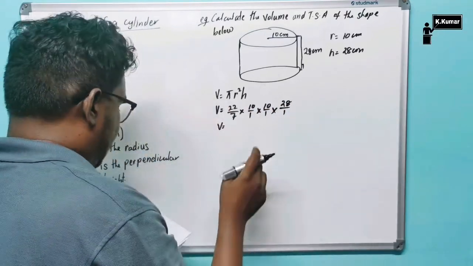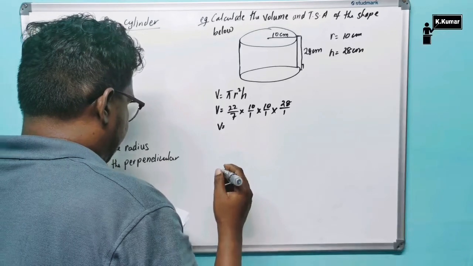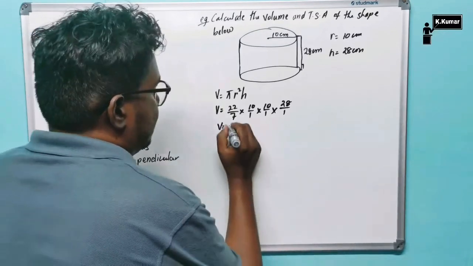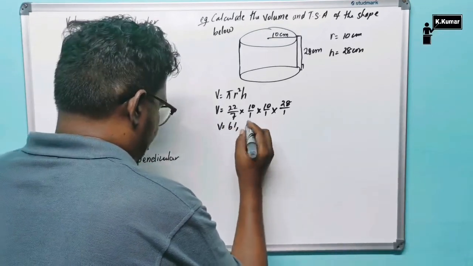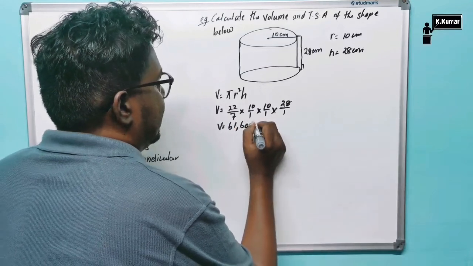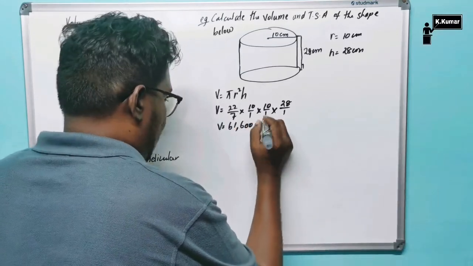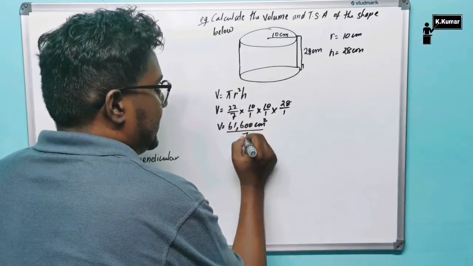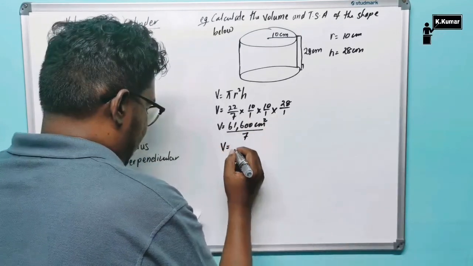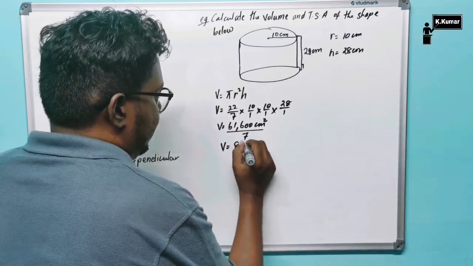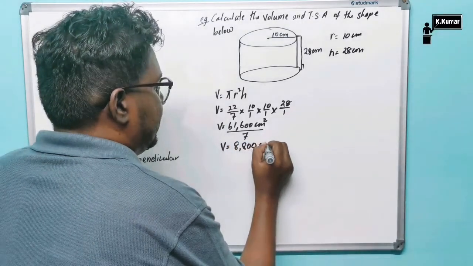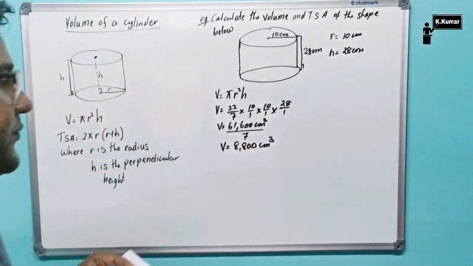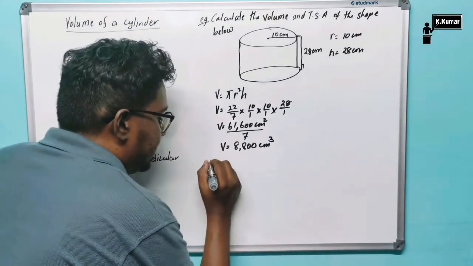V equals, you multiply them, you're going to get 61,600 cm cube, divided by 7 times 1 times 1 times 1 is 7. So the volume is equal to 8,800 cm cube.